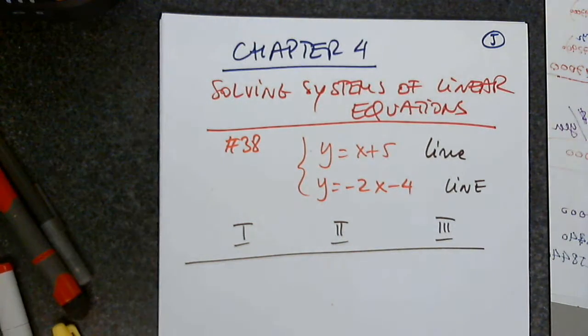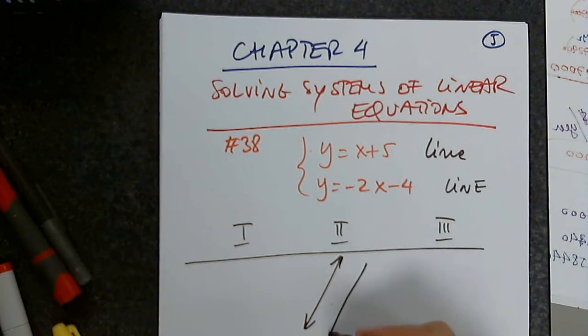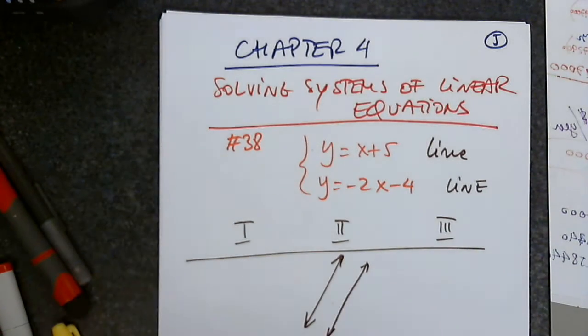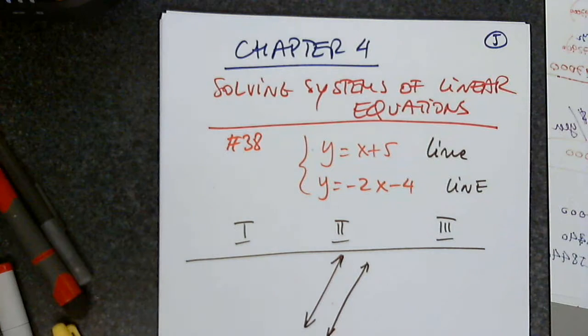Okay, so imagine this is a line, and this is another line. In how many ways can they face one another? This is one way. What does this mean? Parallel. Right. So if this is this line and this is this line, how many solutions will the system have?